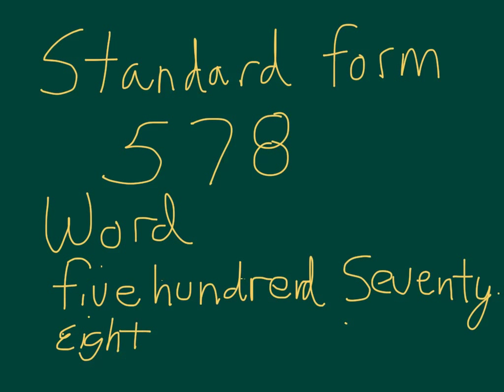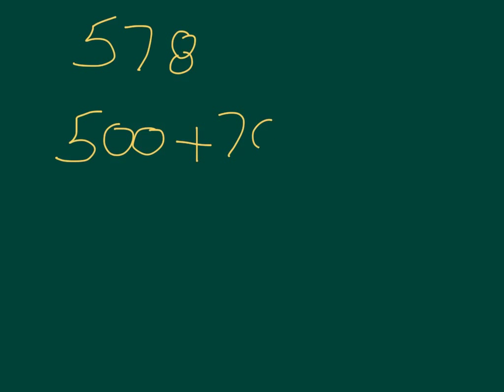Now, expanded form breaks the number up into its place value so that you can actually write it as a sum of its place value. Two ways to do this. One way is to separate out each of the place values. So 578 could be written like this: 500 plus 70 plus 8.